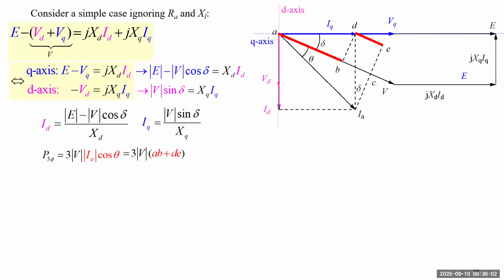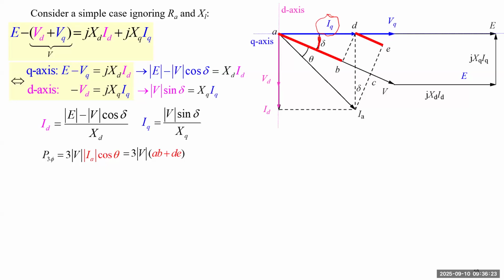So what is A to B? For A to B, we can utilize the length of IQ and multiply it by cosine delta. We utilize this triangle, this angle delta. And what is D to E?